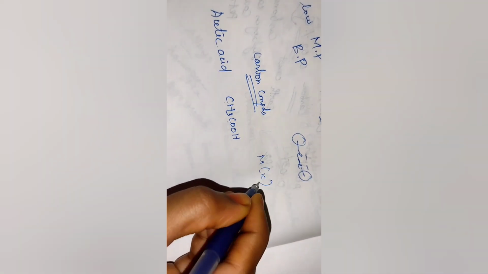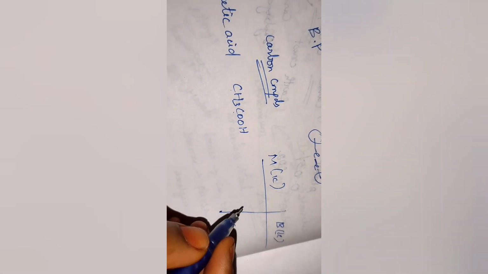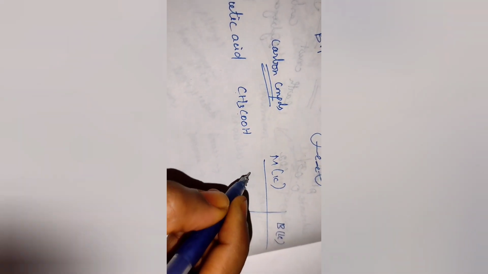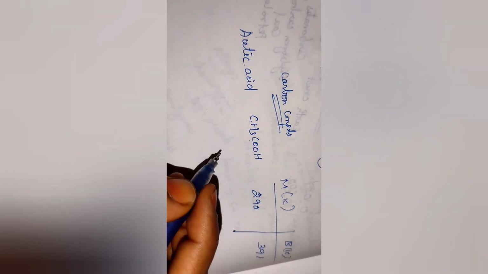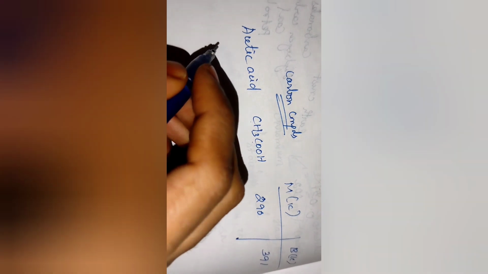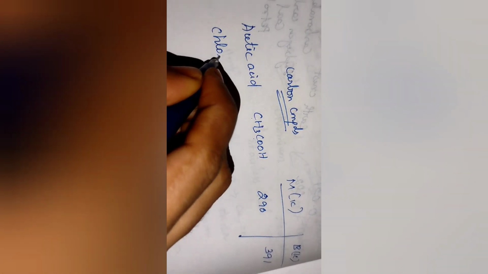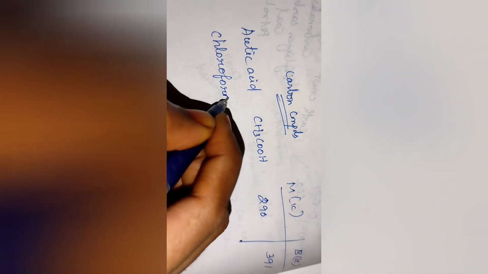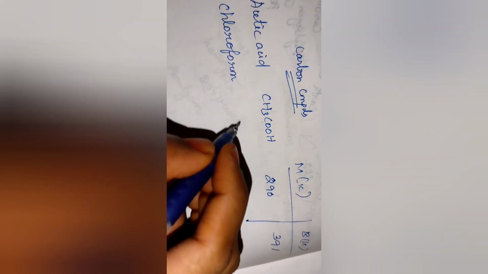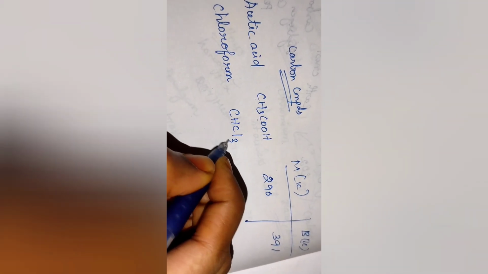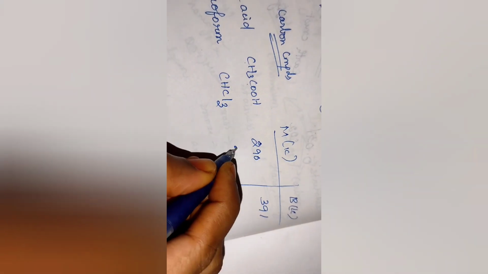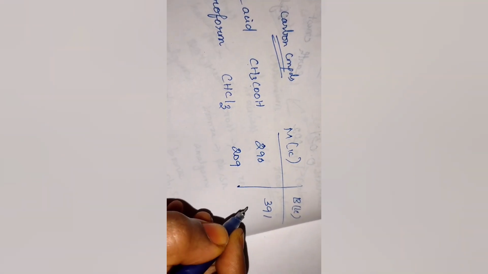So this acetic acid, melting point in Kelvin and boiling point in Kelvin: melting point is 290 Kelvin and boiling point is 391. Another example for a carbon compound is chloroform. The formula for chloroform is CHCl3, and its melting point is 209 and boiling point is 334 Kelvin.